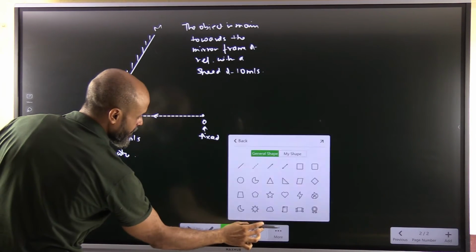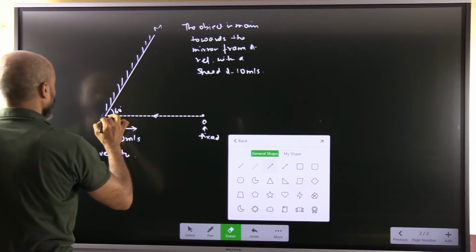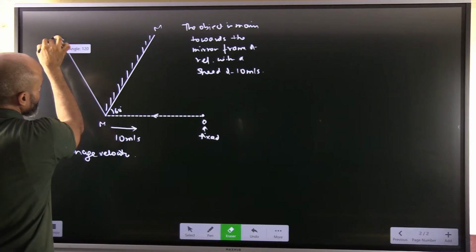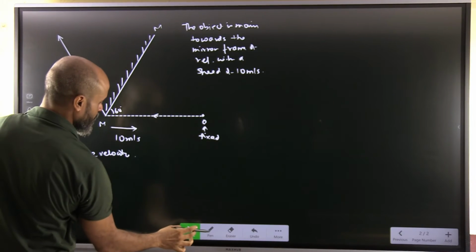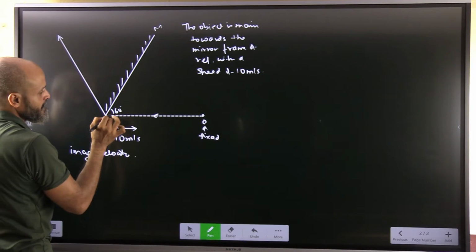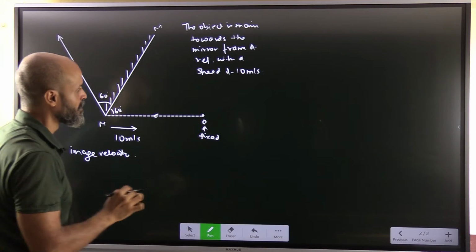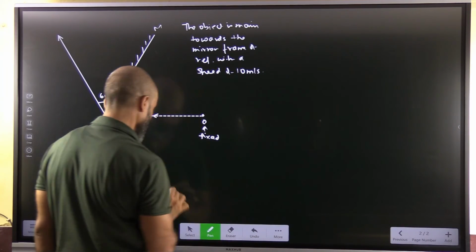So if I am moving this object, simultaneously the image will be making an angle of 120 degrees, or rather 60 degrees. So this is basically equal to 60 degrees.